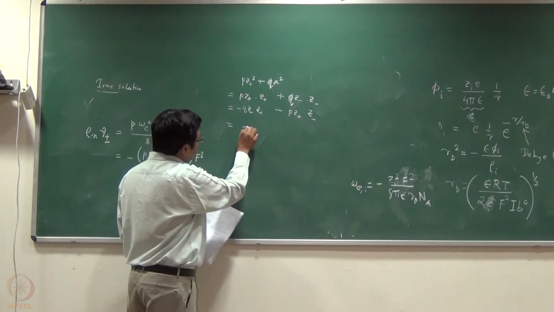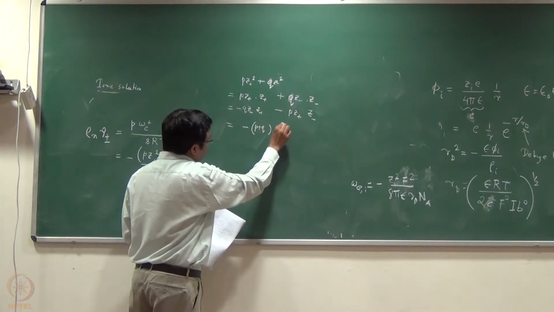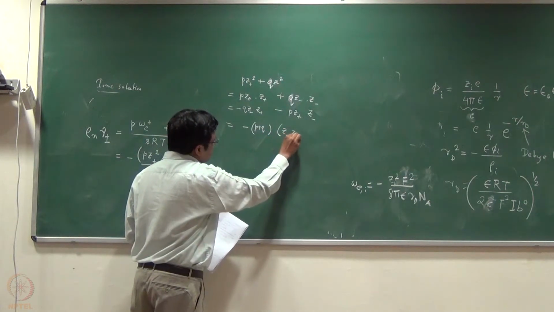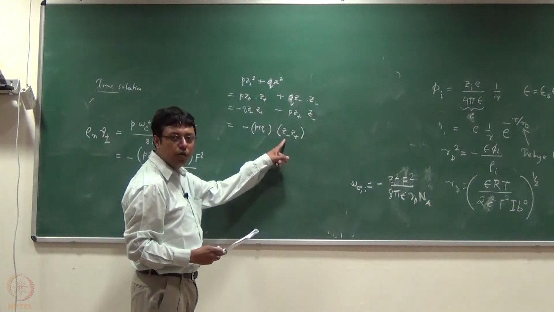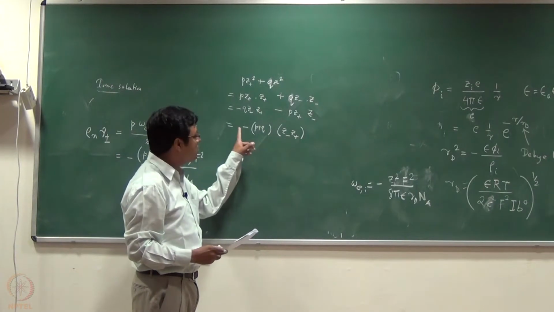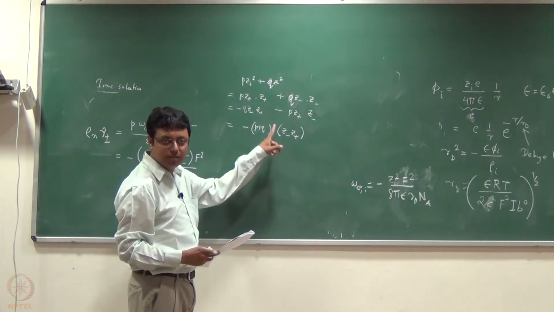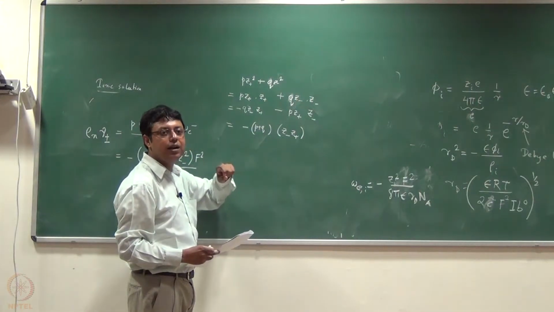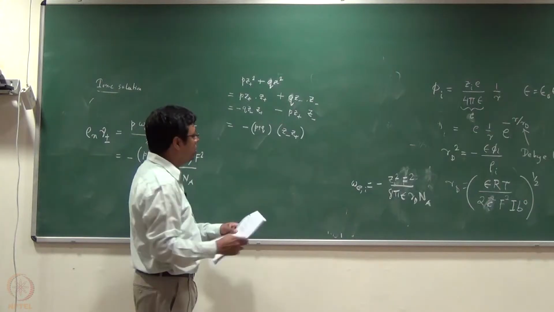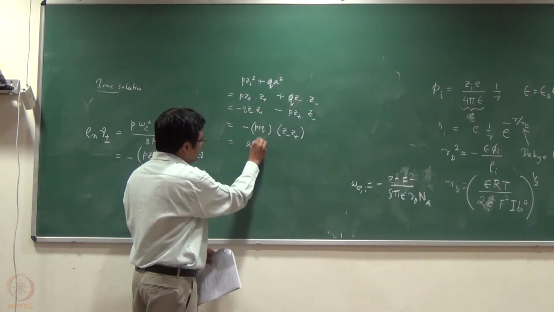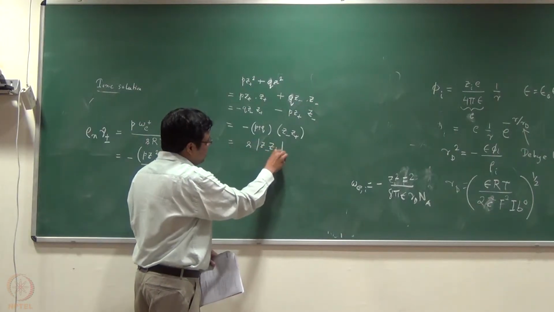So what I got is something like, let me write it here. I can write it as minus P plus Q Z minus Z plus, but if I write Z minus Z plus in terms of modulus, then this minus sign will be inserted. Because Z minus itself, say for sodium sulfate, I shall write minus 2. So the negative sign is already included in modulus of Z plus Z minus.